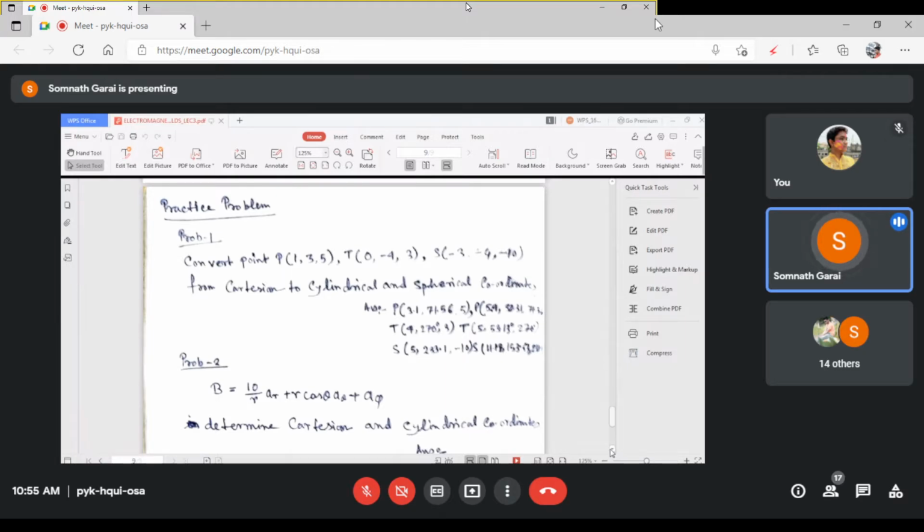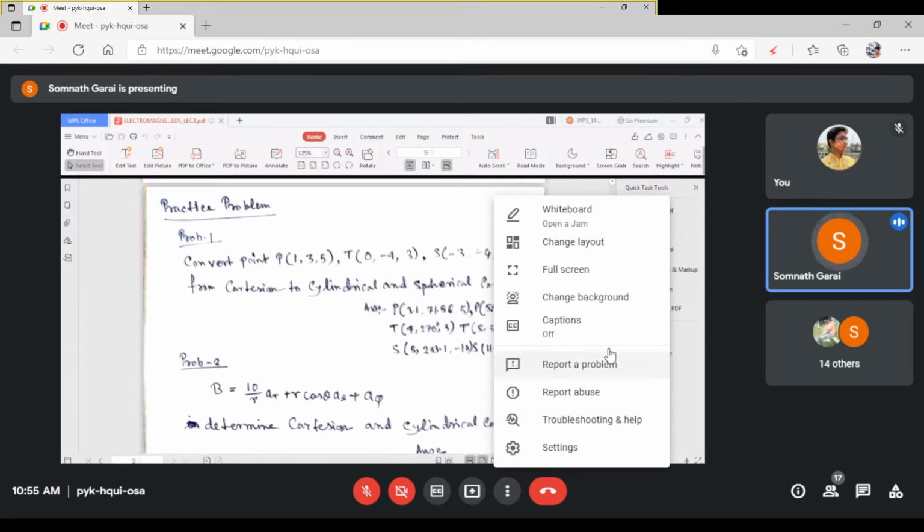And coordinate of S is (-3, -4, -10). Convert it to cylindrical coordinate and spherical coordinate. Okay, first do this problem.